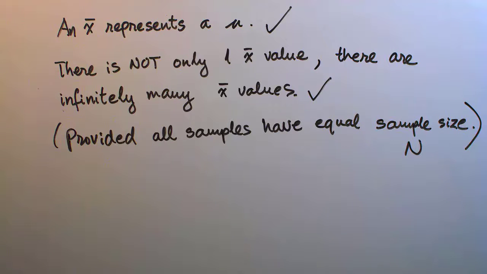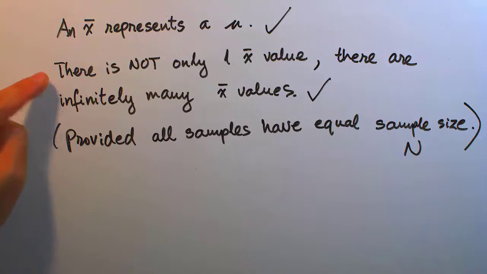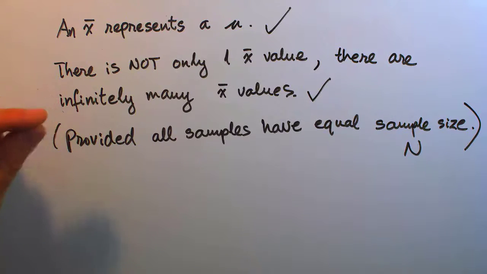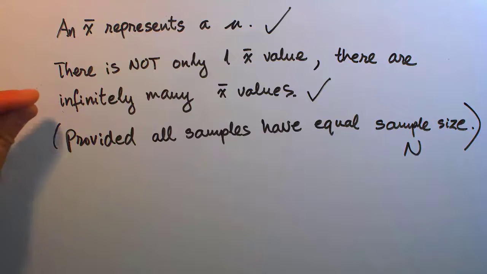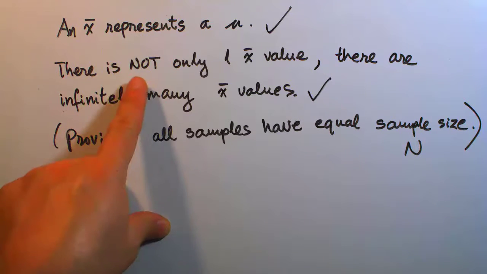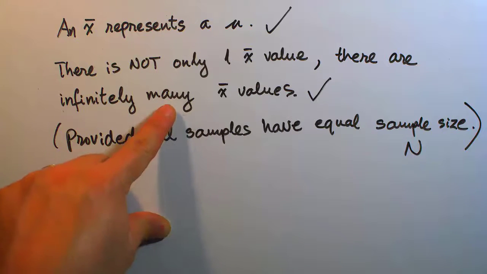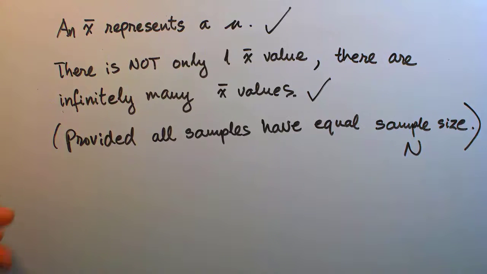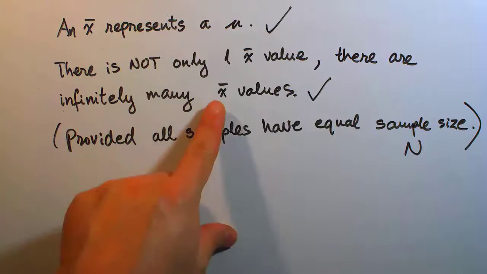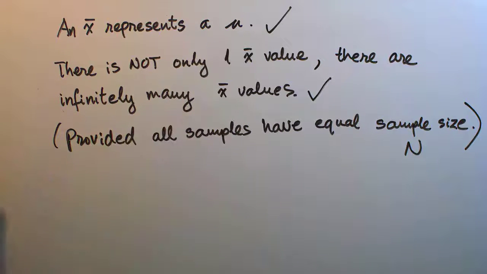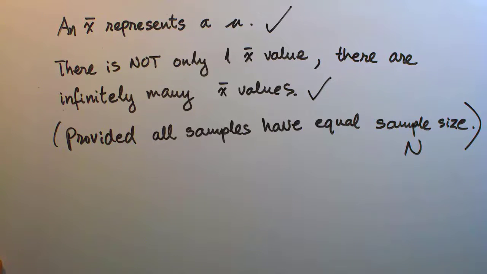Now I would like to focus a little more on that second key point. The second key point is, anytime we have a sample mean value, keep in the back of your mind that there must be another value. As a matter of fact, there is not only one x bar value, there are infinitely many, to the point that we can have an entire population of x bar values. And so now we are ready to give a formal general definition of what a sampling distribution of a mean value is.